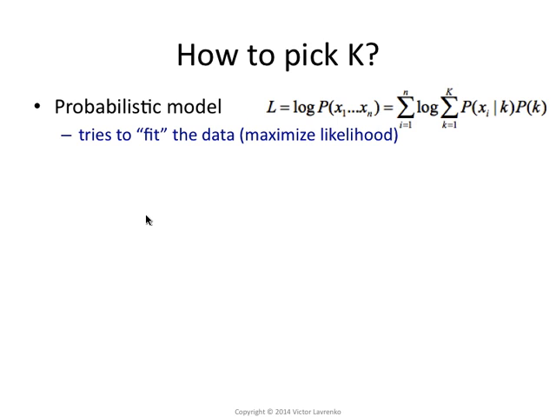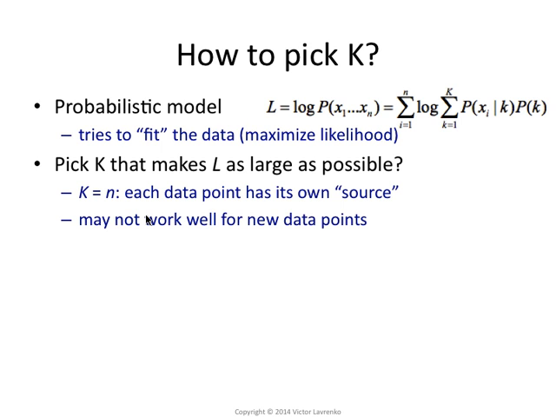And what EM is trying to do implicitly is, it's called the expectation maximization algorithm. It tries to maximize the likelihood of your data. Or another way to say it, it tries to fit the Gaussians to the data.